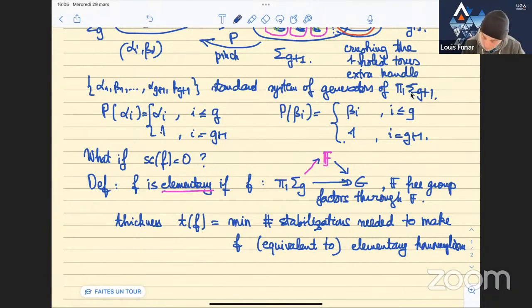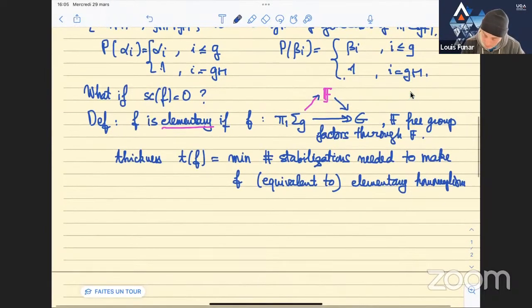So what I would like to discuss today is whether the thickness can be positive, and if we can have some information about these equivalence classes for elementary, for non-elementary, and so on.